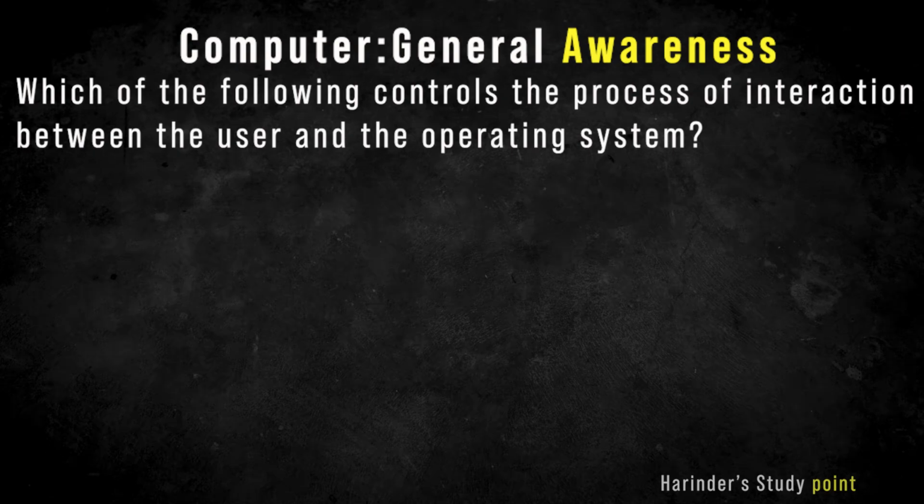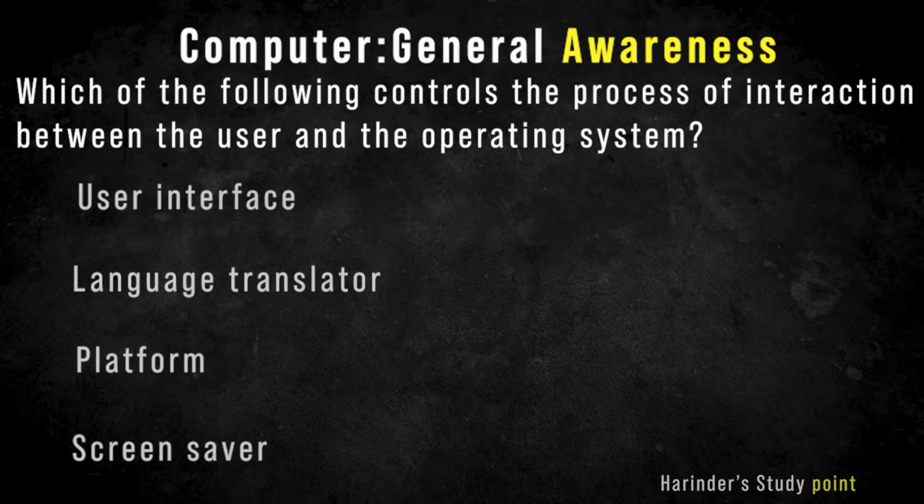Which of the following controls the process of interaction between the user and the operating system? User interface, language translator, platform, screensaver. Correct answer is user interface.